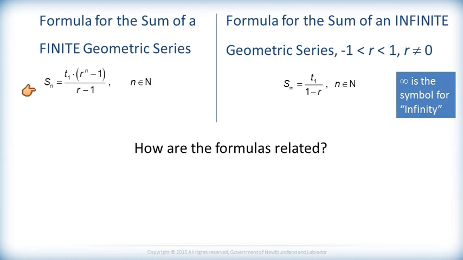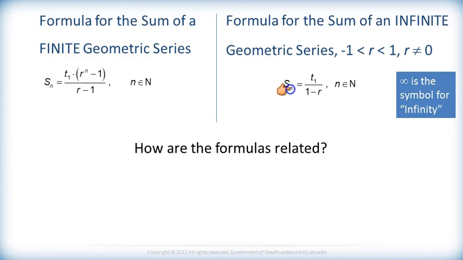From Section 1.4, we have this formula for the sum of a finite series: Term 1 outside of r to the n minus 1 all over r minus 1. I present here, right away, the formula for the sum of an infinite series.